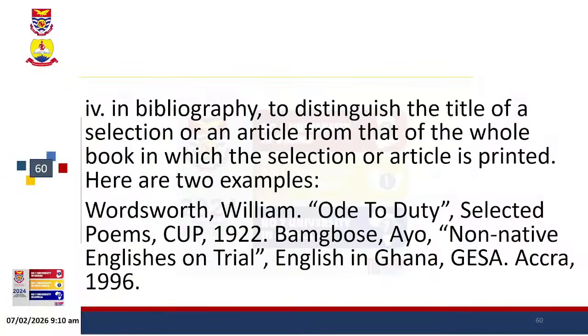Have you ever listened to Handel's "The Messiah"? "The Messiah" is a song, right? Good. So we are marking it as a song with double quotation marks. Again, another instance is in a bibliography. A bibliography is a listing of books consulted, books you have read, but maybe not quoted, or sometimes quoted.